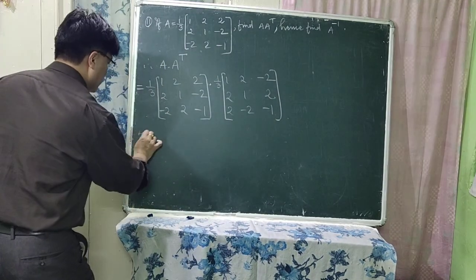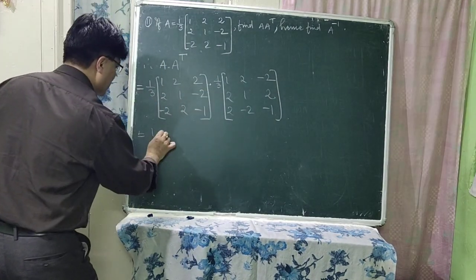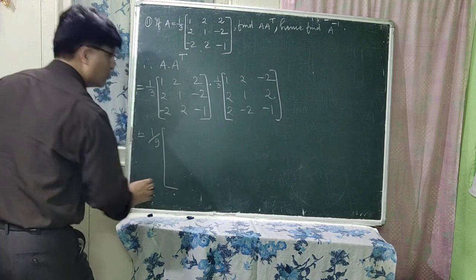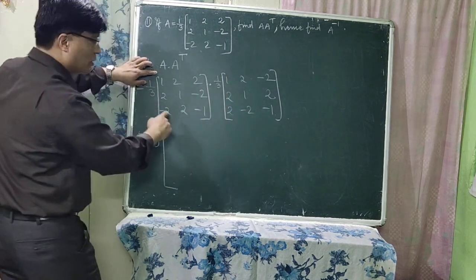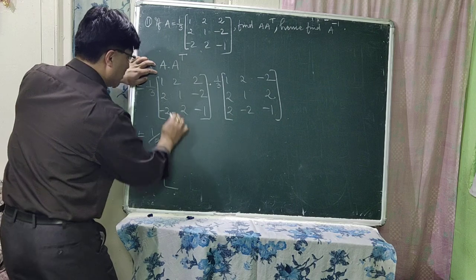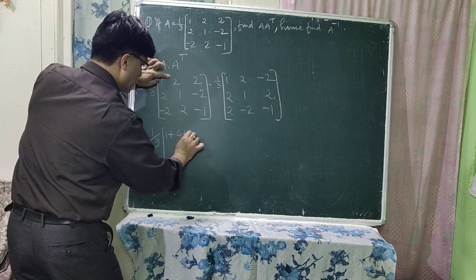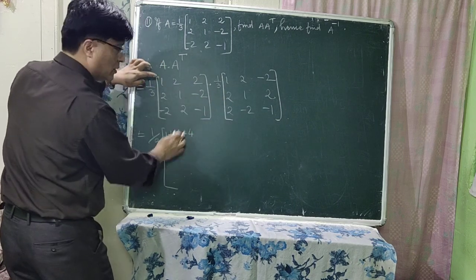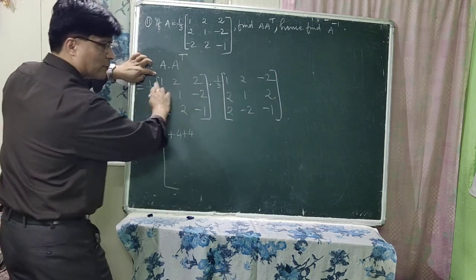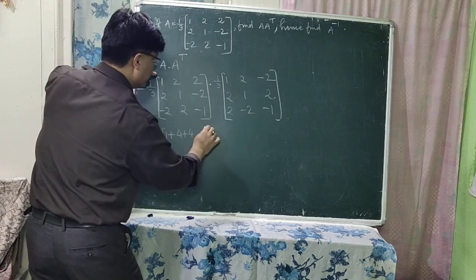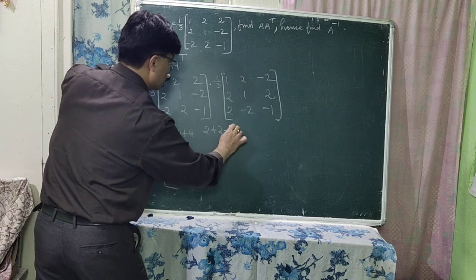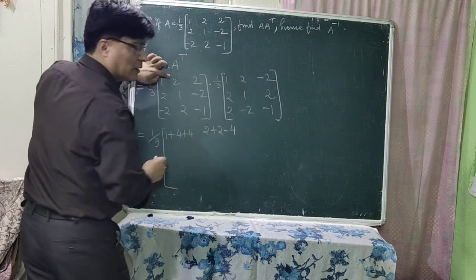So let us multiply them. It is equal to 1/3 into 1/3, 1 by 9. You know how to multiply it. First row by first column, 1 1s are 1, plus 2 2s are 4, plus 2 2s are 4. Again, first row by second column, corresponding elements should be multiplied. 1 2s are 2, plus 2 1s are 2, minus 4, right?